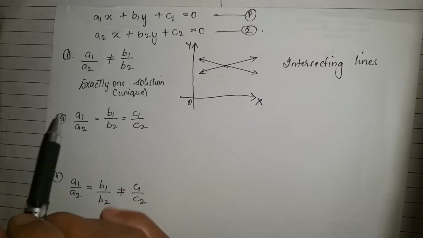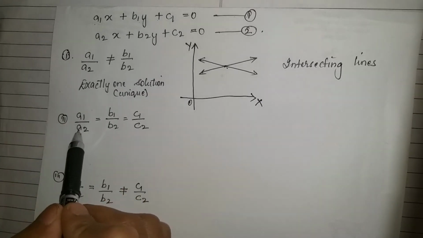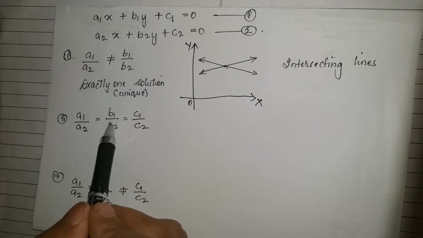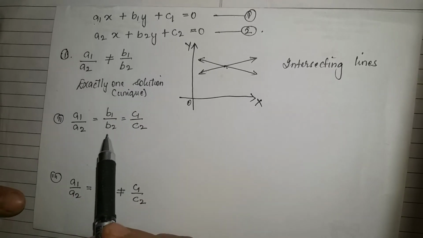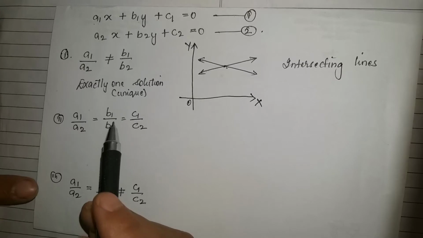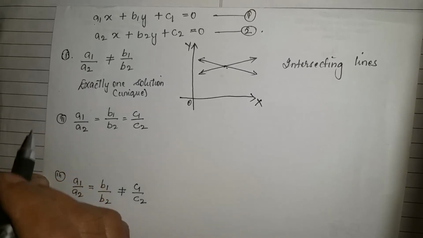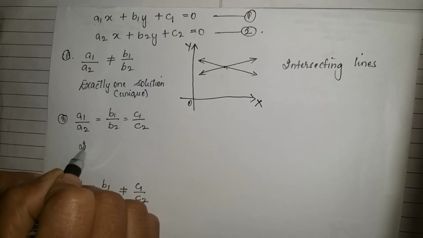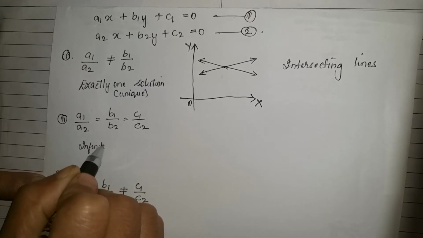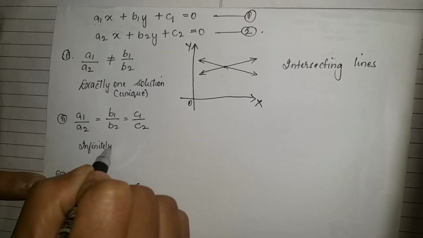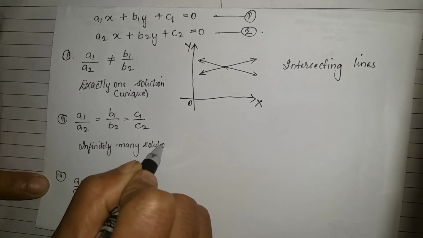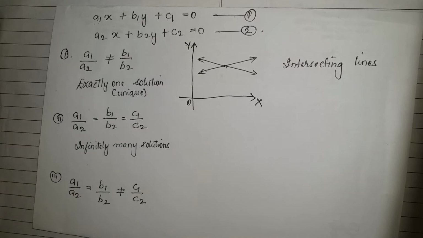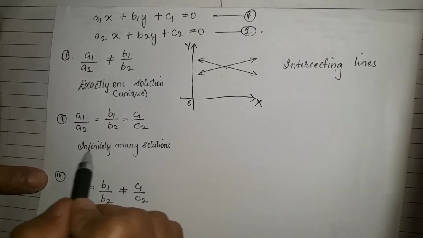In the second case, if we have a1 by a2 equal to b1 by b2 equal to c1 by c2, we are going to get infinitely many solutions.